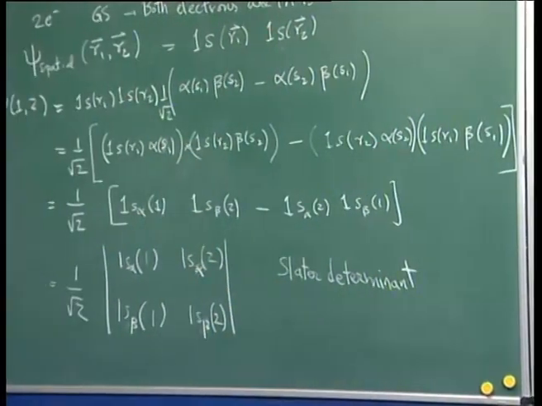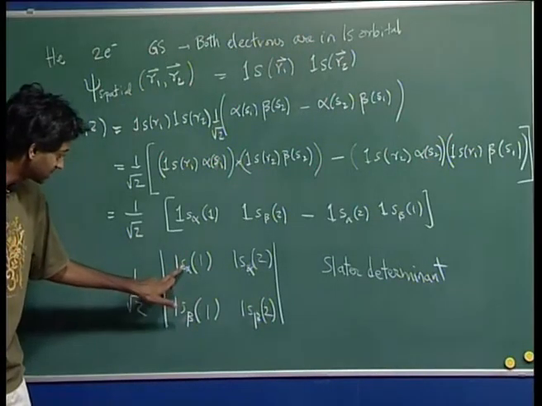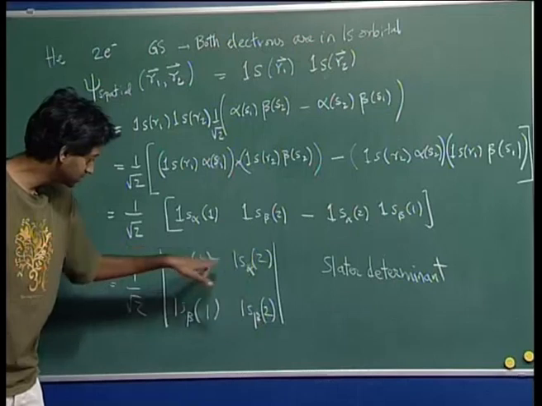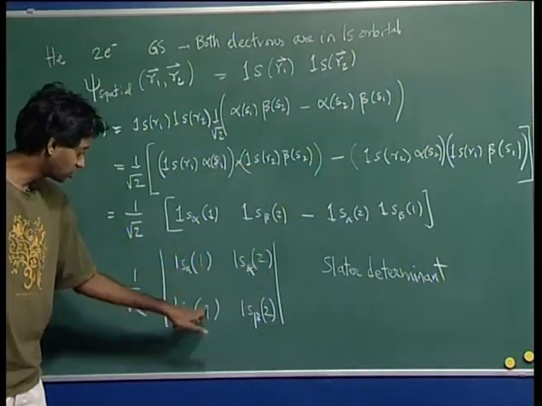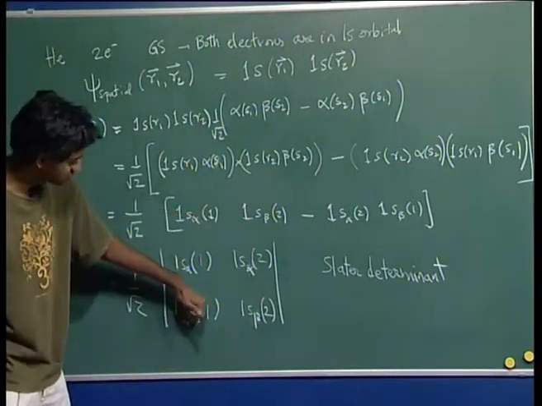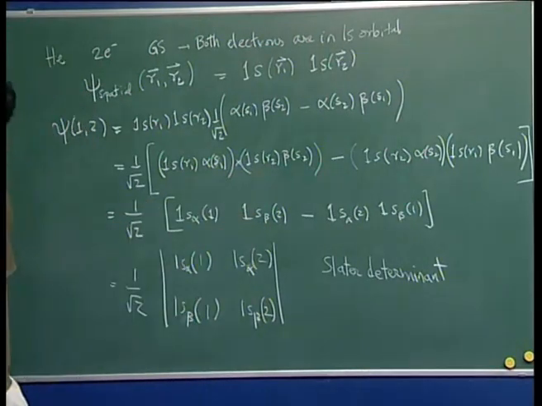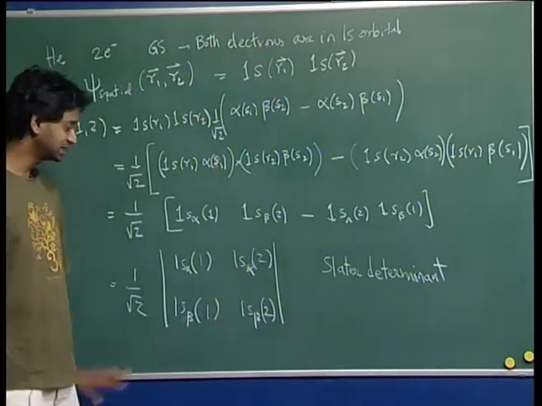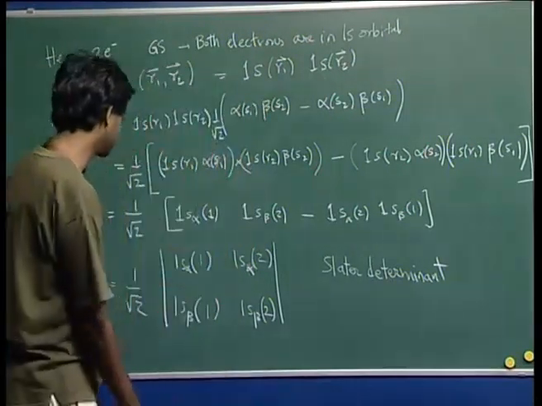Okay. So, the Slater determinant, notice that I put all the spin orbitals on the rows, and I put the coordinates of the electron in the columns. The first column corresponds to coordinates of electron 1, the second column corresponds to coordinates of electron 2. Now, writing the wave function in the Slater determinant form is very useful.